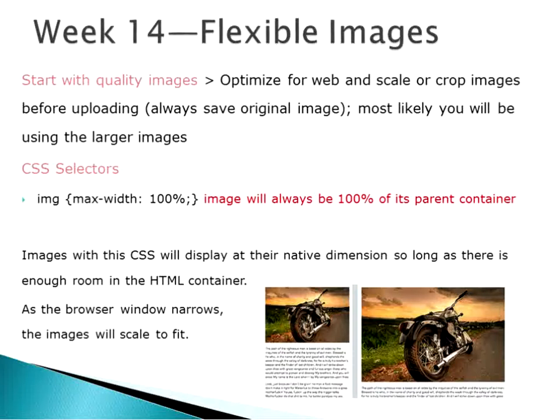And so the CSS selector, when we use the fluid grid layout in Dreamweaver, that boilerplate.css file automatically comes with this selector, the image max width 100%. That means that the image will always be 100% of the parent container.